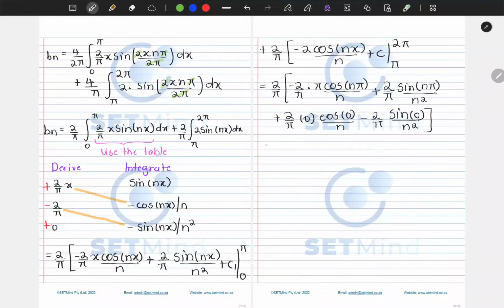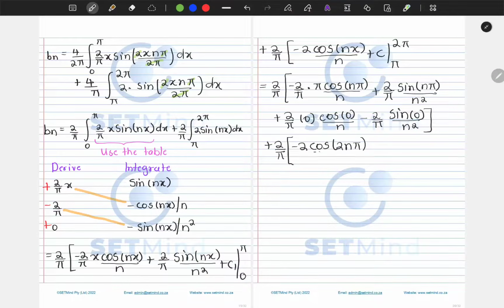Now let's go for the second one, which is plus 2 over pi. Open the bracket. If you observe carefully, we put in 2 pi, so I'll have negative cos of 2n pi divided by n. There's something I think I might need to correct now that I'm looking at this.